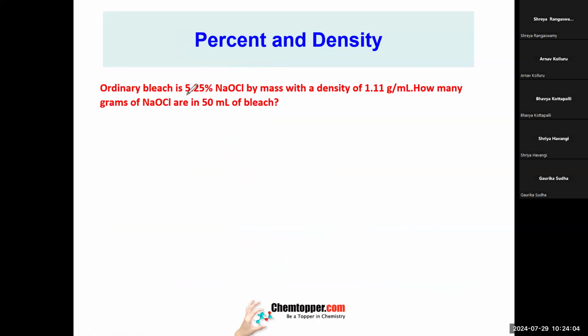So the percent is given, the density is given. How much is there in 50 ml?